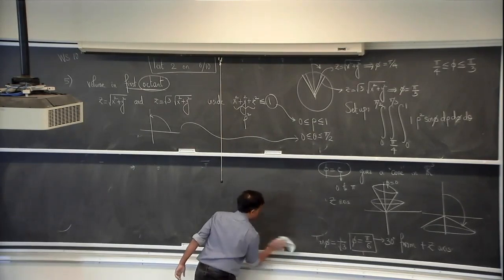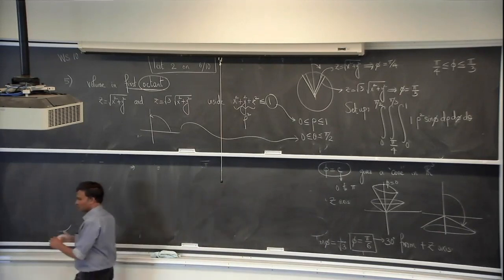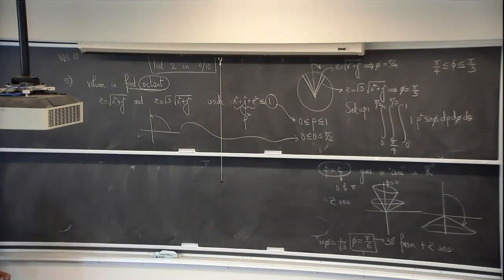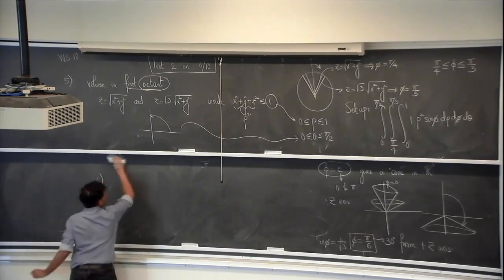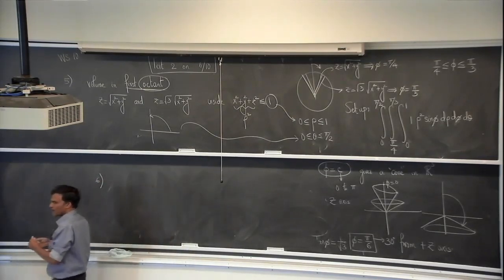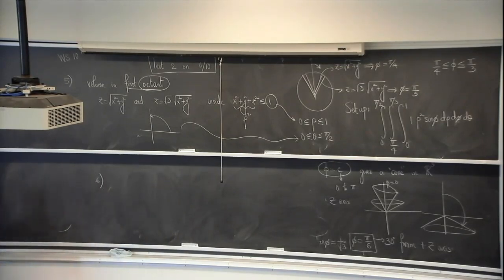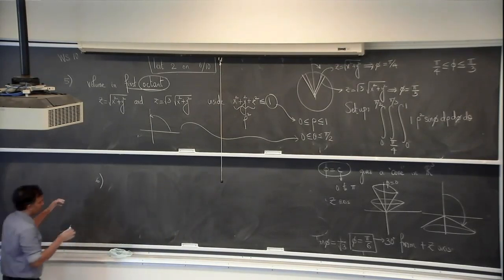All right, let's do the next one, which I kind of borrowed from the textbook with different numbers. Number 6. Find the volume which is inside the sphere and inside the cylinder. Read the question carefully.